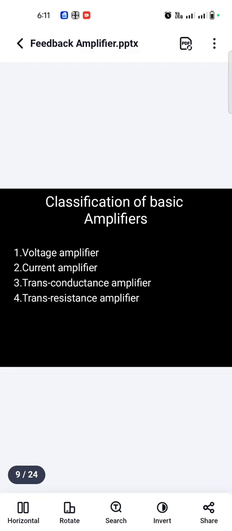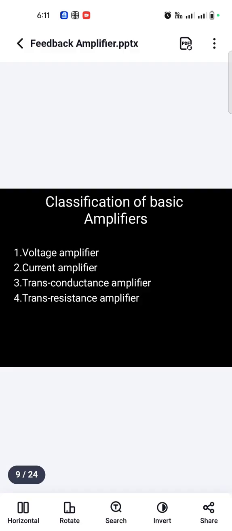Therefore, I by V is the formula for transconductance, the ratio of output current to input voltage. How will you represent that I by V? Transconductance. This we studied in school itself, right? Gm is equal to Io divided by Vi. That is the transconductance amplifier. If the output is current and the input is voltage, we say that it is a transconductance amplifier.